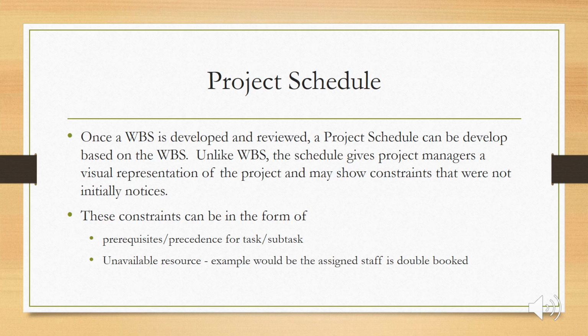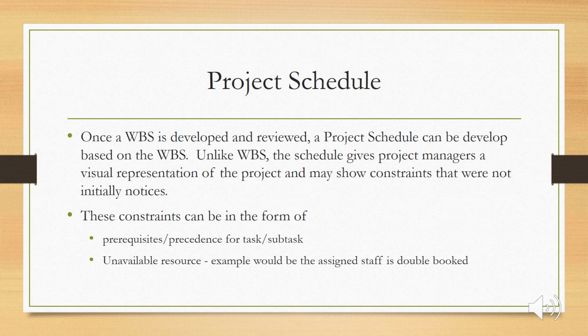The project schedule is based off the work breakdown structure and the scope, but unlike the work breakdown structure, it gives project managers a visual representation of the development of the project itself, and it shows constraints that were not initially noticed.